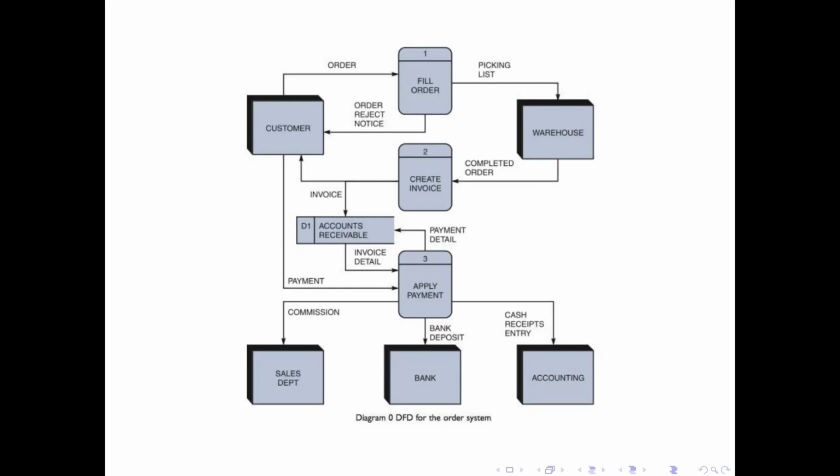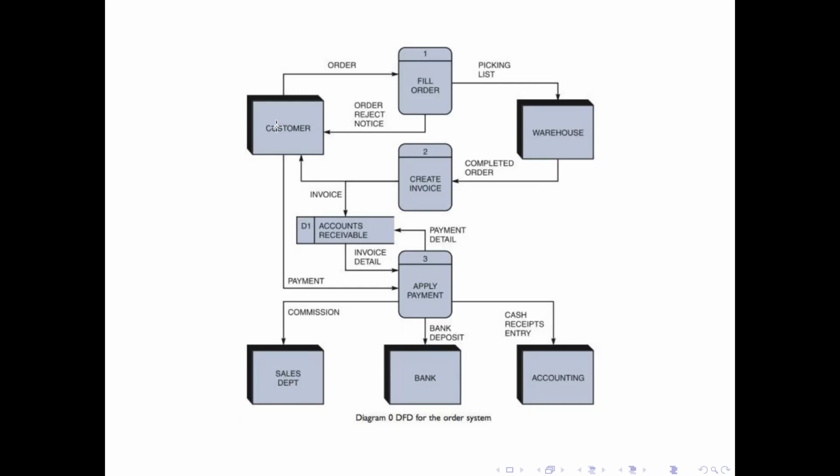Right? Fill order means once the customer orders, you check this in the warehouse. If the items are not there, you reject the order. If the data is there, then you complete the order and you create an invoice. That invoice data is recorded inside the accounts receivable. At the same time, this will be sent to the customer for the payment. Then apply payment.